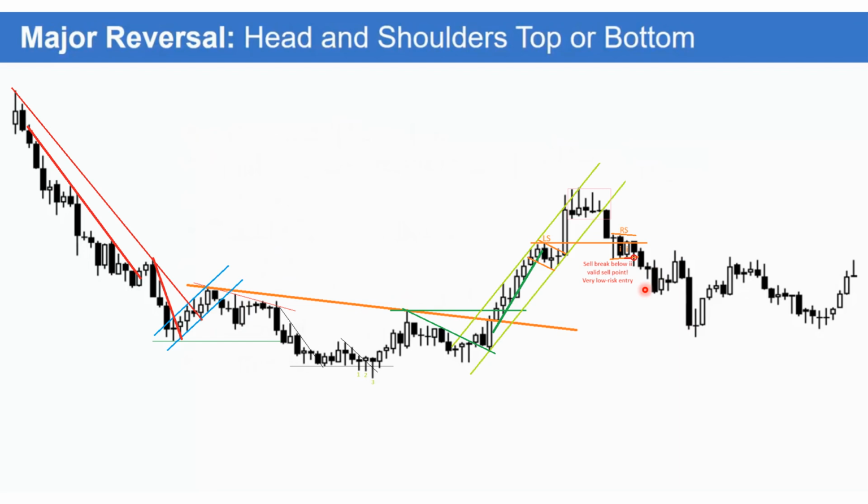And then it builds here. It backtested the breakout point, and boom. And this is a wedge bull flag. 1, 2, 3. And boom. It gave a reaction here.